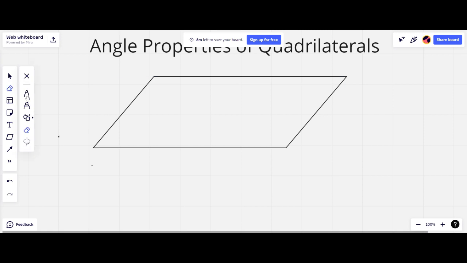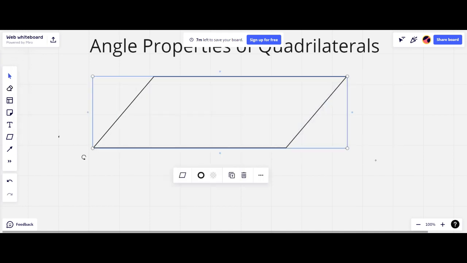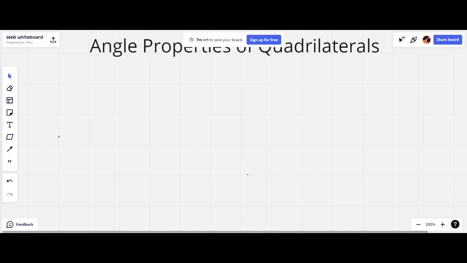So the properties of it here are, let's say this is A, this is B, this is C, this is D. A is equal to D and B is equal to C. Did you get it? This is equal to this and this is equal to this. The opposite angles are equal to each other. That is basically the basics in a parallelogram.